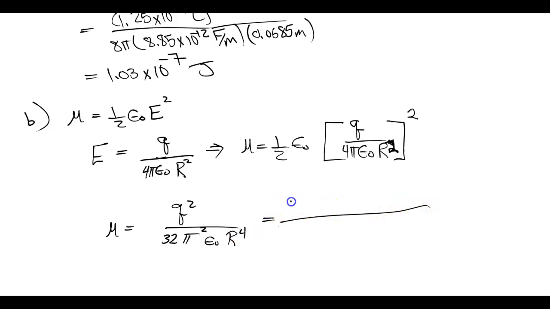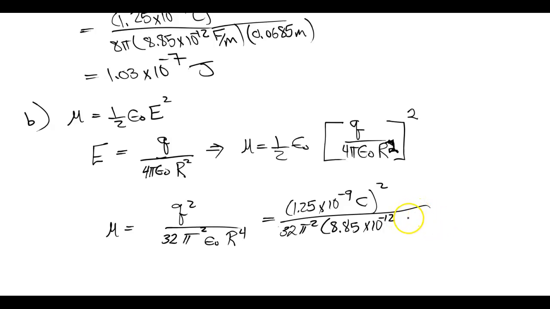Applying these values now, we have 1.25 times 10 to the minus 9th coulomb squared over 32 pi squared times 8.85 times 10 to the minus 12th.